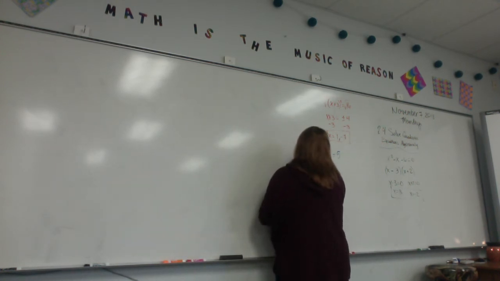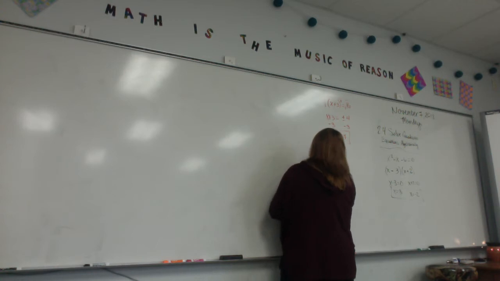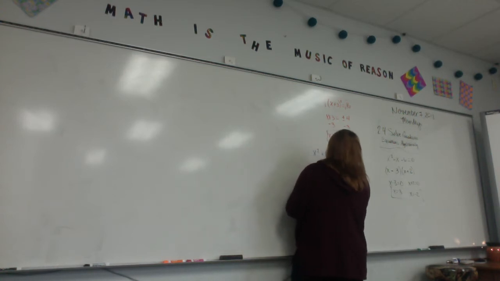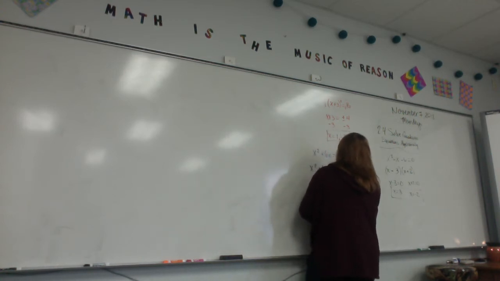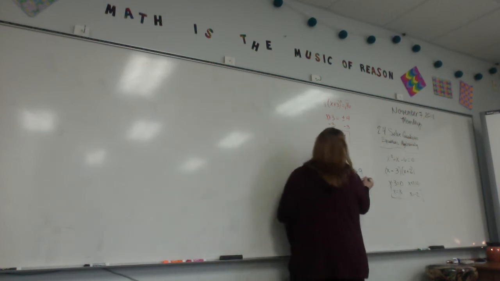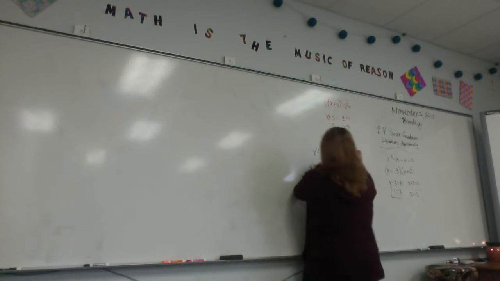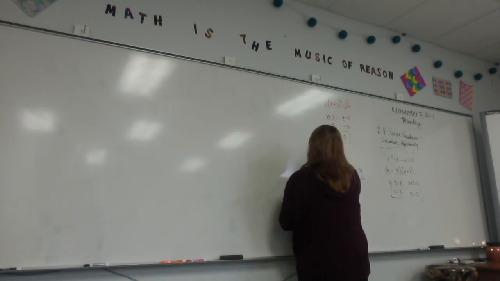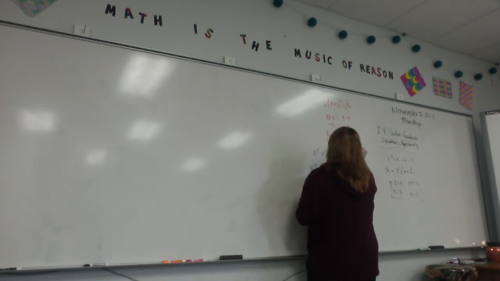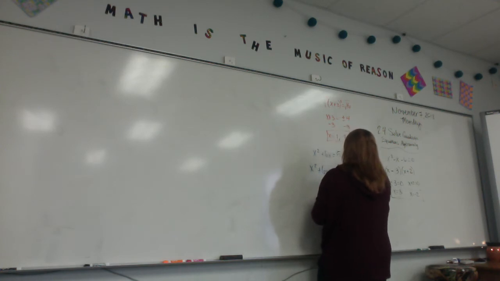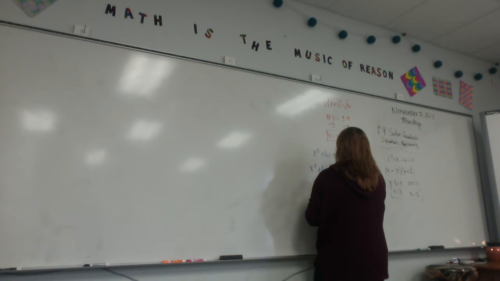So I get x squared plus 6x plus 9 equals 5 plus 9. You have to add 9 to both sides. Can you explain how you got 9 again? You take half of the middle number, whatever this term is, you divide it by 2. And then when you get 3, you square it to get this number right here.